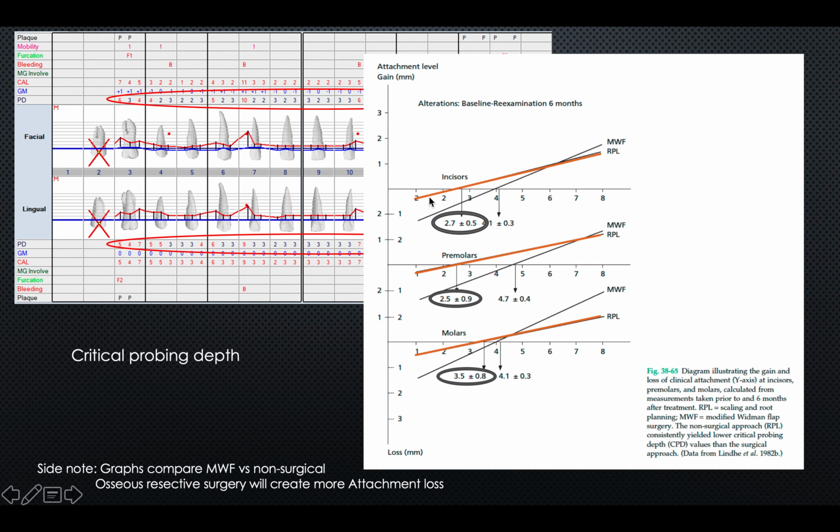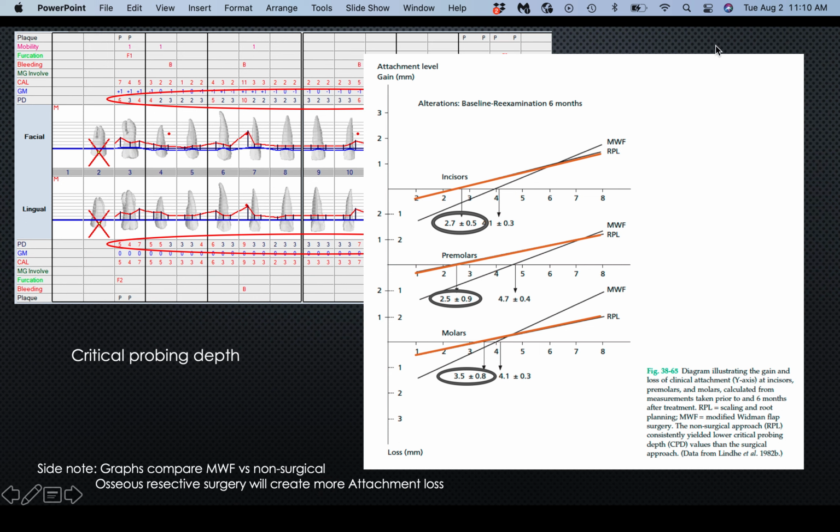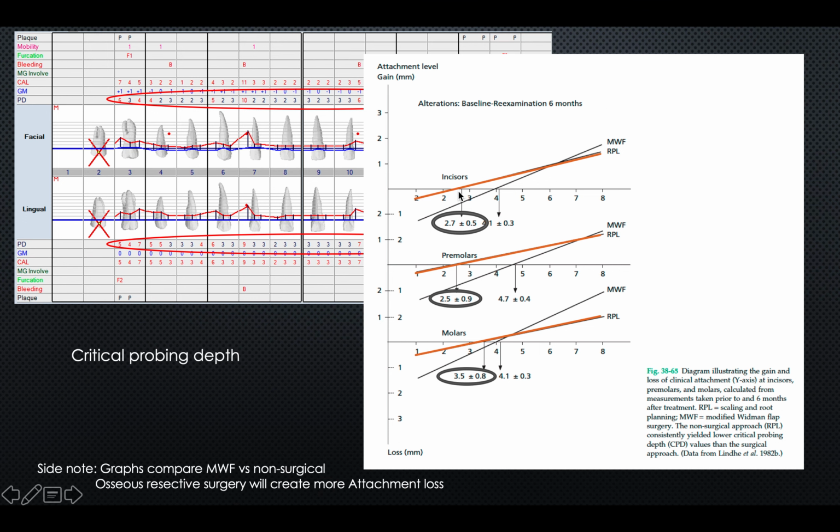You see that this line crosses the horizontal axis at a specific point. What does it mean? If you have an incisor tooth and your initial probing depth is somewhere between 2 and 3, or less than 2.7, then if you scale and root plane that site, you will lose clinical attachment.